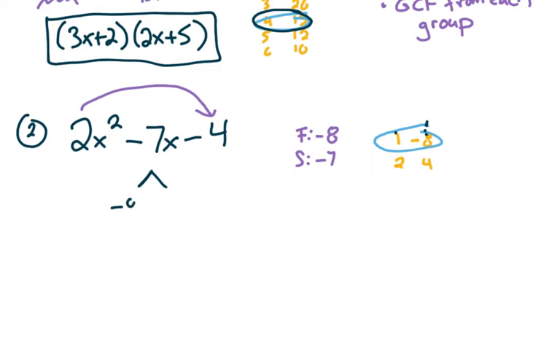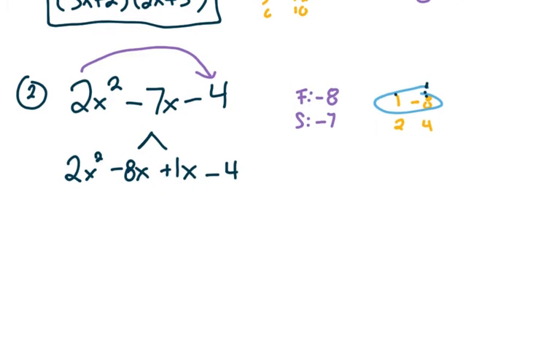So if I make this a negative 8x and a positive 1x, but it would work either way. Now the difference here is that if you put the negative here, when you factor out a greatest common factor, you're going to factor out a negative, which is fine, it still works.